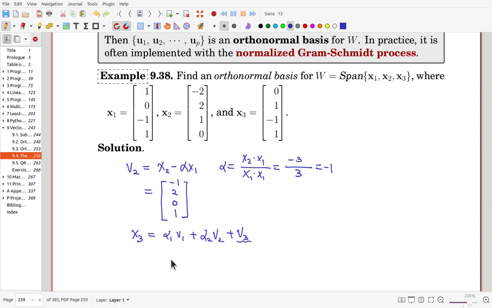Now, for this orthogonal projection, alpha 1 must be, now x3 is projected onto the space of V1, so that must be x3 dot V1 over V1 dot V1. Now V1 is x1, so the x3 V1 dot product 0 0 1 1, so that must be 2. Okay, V1 dot V1 we already know that is 3.